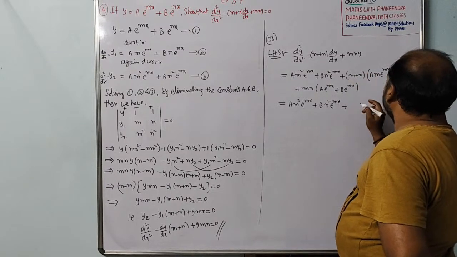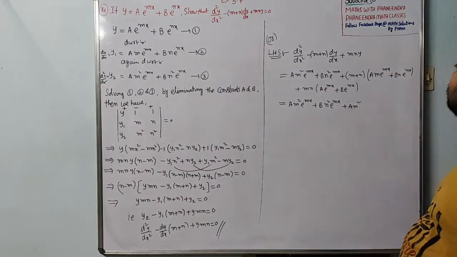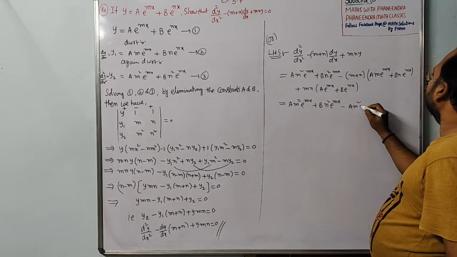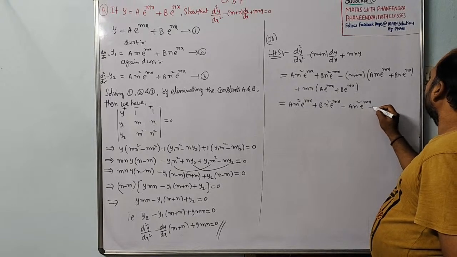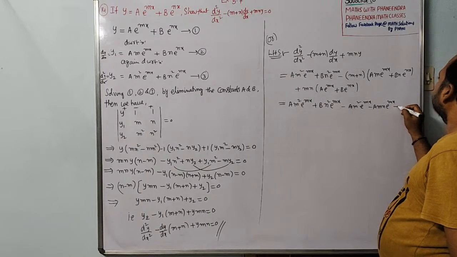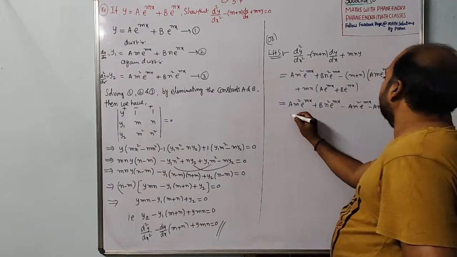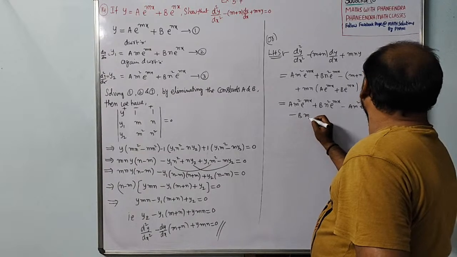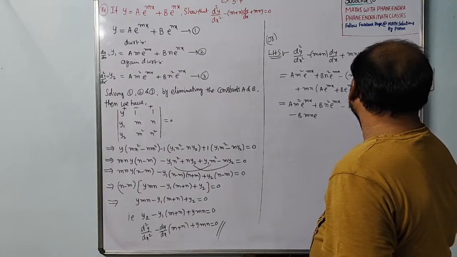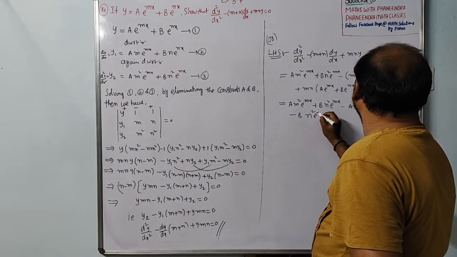First multiply with m: minus am square e power mx, minus amn e power mx, minus bmn e power nx, minus bn square e power nx.